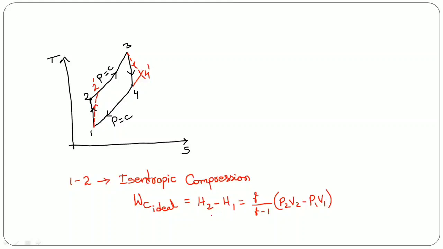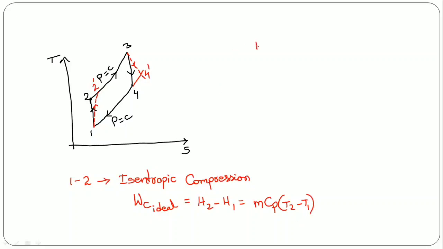Or instead of this, we can write in terms of specific heats and temperatures, that is mCp T2 minus T1. This is the isentropic compression formula.